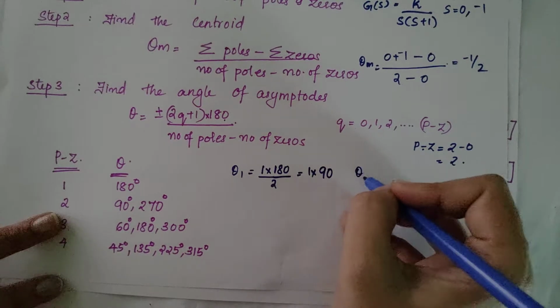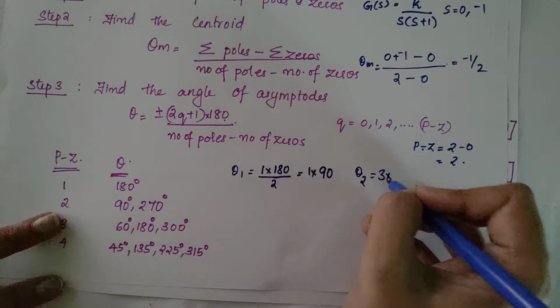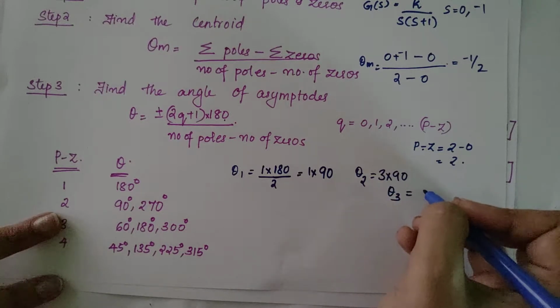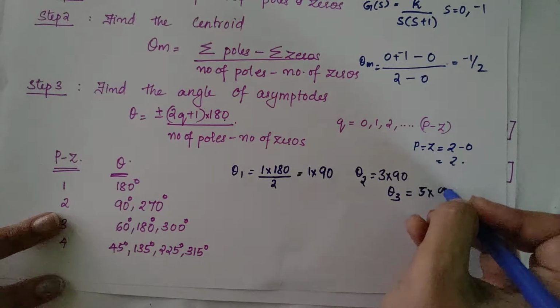Then theta 2 will be 3 into 90 and theta 3 will be 5 into 90.